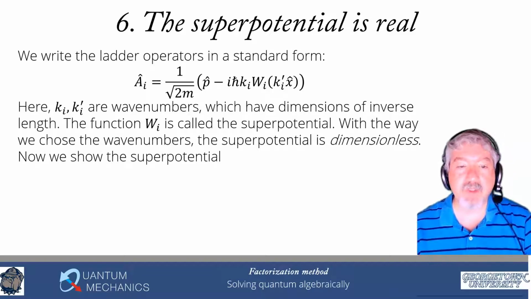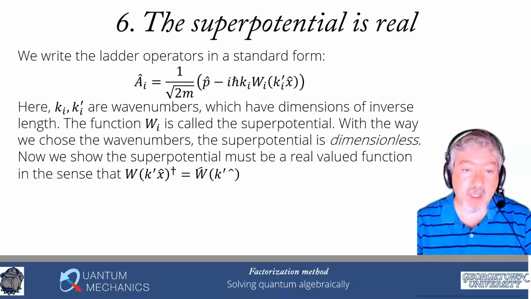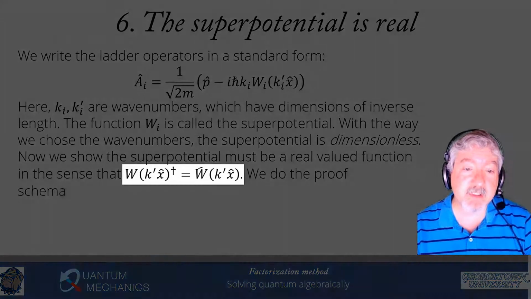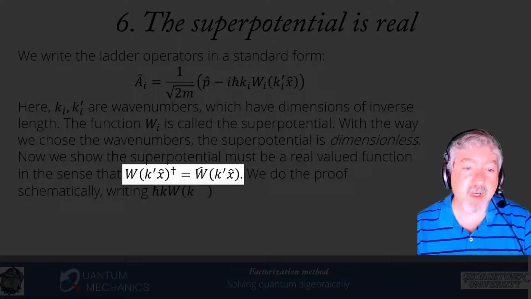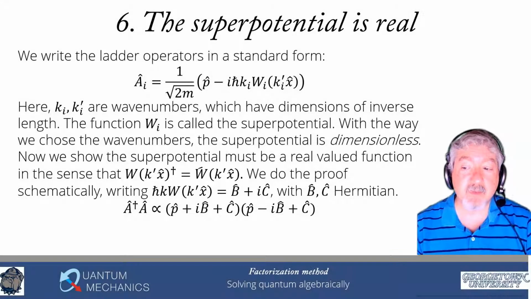Now, I'm going to show you that this superpotential must be a real valued function, W. And what that means in the operator sense is that W of k prime x dagger is equal to W of k prime x. In other words, the W is Hermitian.